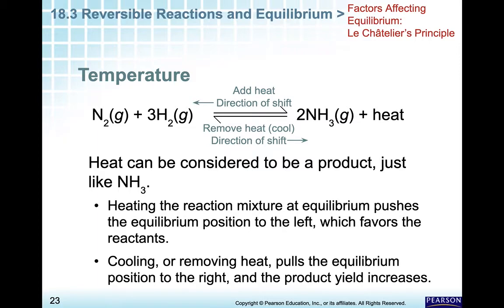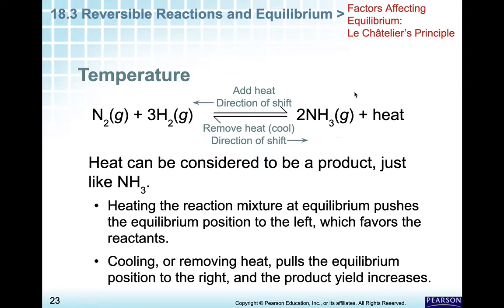Let's look at an example. In this reaction, we have a reaction between nitrogen and hydrogen to make ammonia, and this reaction releases heat. We've got heat written as a product here. So we have an exothermic forward reaction. Now, if we add heat, if we increase the temperature, it's like we've added product.